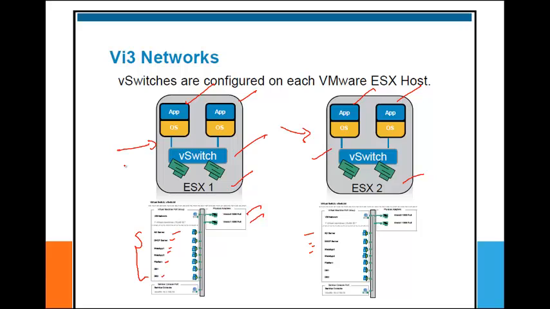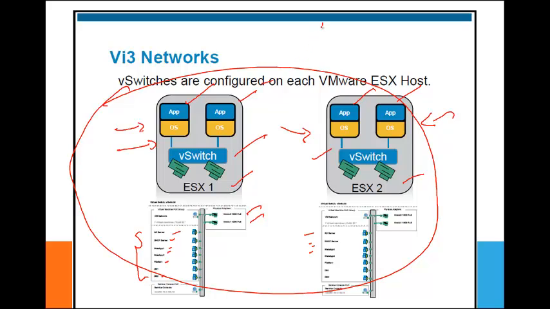So this is one physical machine, this is another physical machine. We need to configure them separately. We cannot group all of these together and configure them as a group. That's not possible.